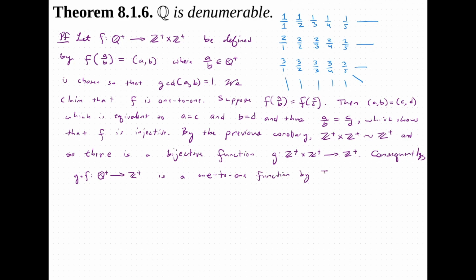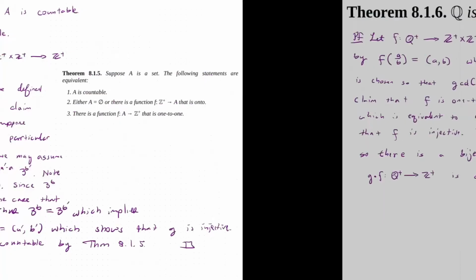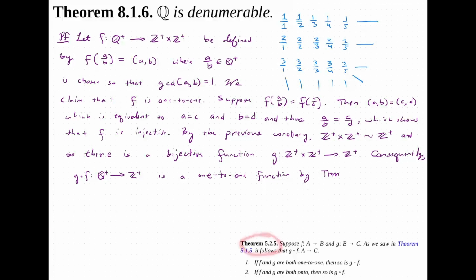And here we're using the theorem we used earlier, namely theorem 5.25, which tells us that if we have a composition where both functions are one-to-one, then so is the composition. And so here we have g is one-to-one, since it is bijective, and we have proven that f is one-to-one. And so it is injective. So now the composition is one-to-one. And so we have, by theorem 5.25.